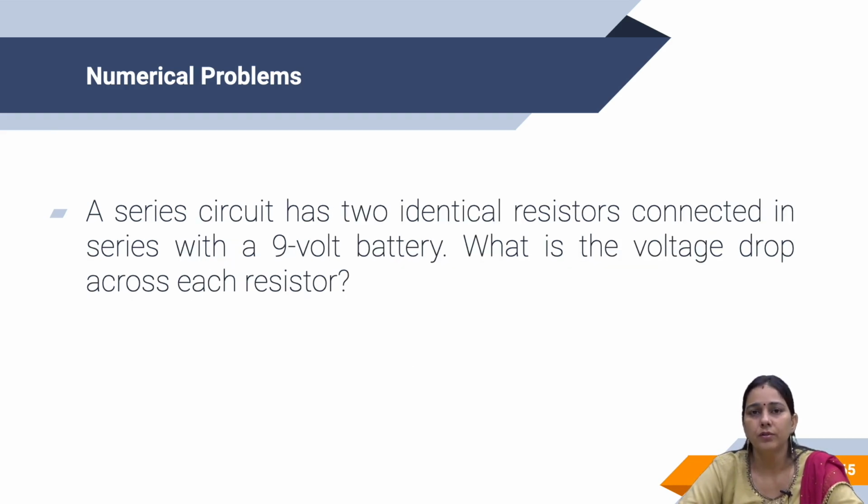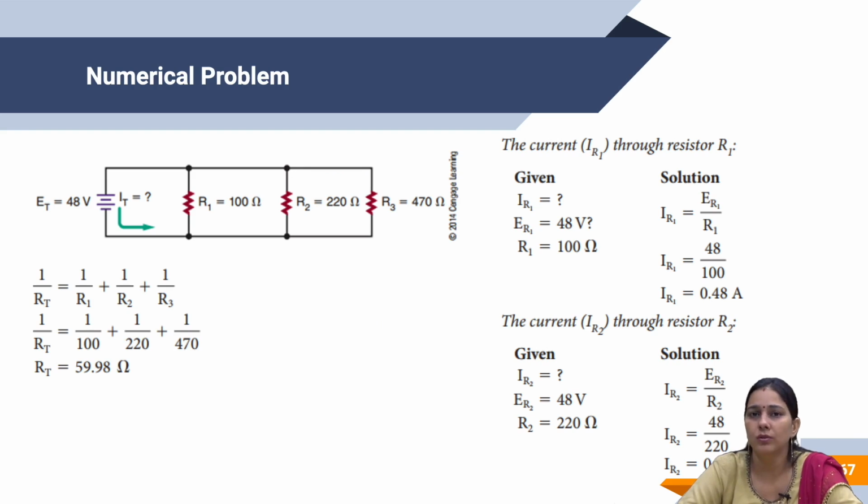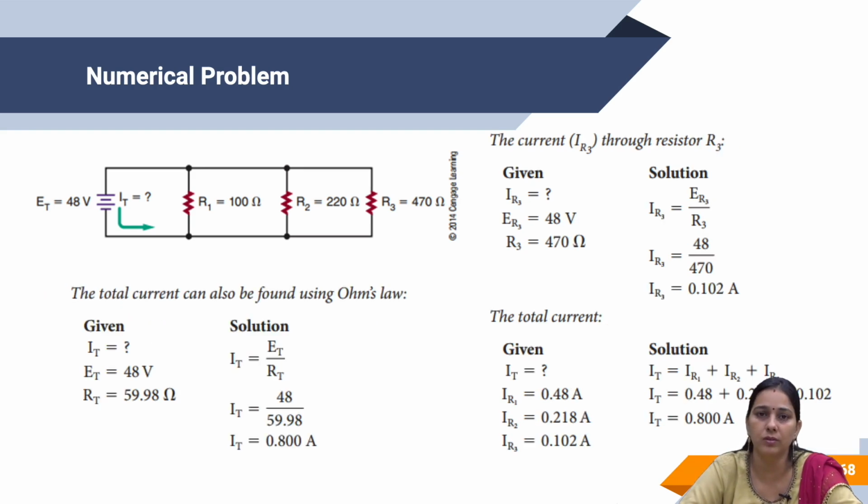What if a series circuit has two identical resistors connected in series with a 9 volt battery? What would be the voltage drop across each of the resistances? Here the two resistances are identical, which means both are equal. Let us assume that both have a resistance of R ohms.